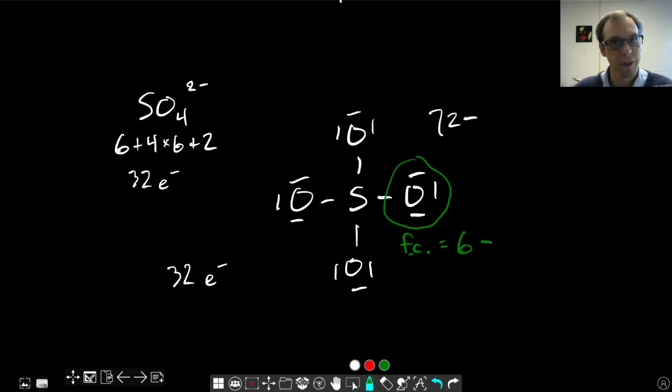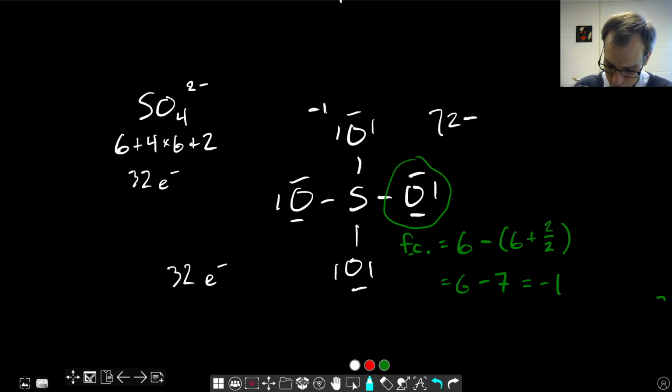That's our normal number of electrons for oxygen, minus our 6 electrons that are in lone pairs, plus our 2 electrons shared with the sulfur. So that gives us 6 minus 7, which is equal to -1. Okay, so all of these oxygens have a -1 formal charge.